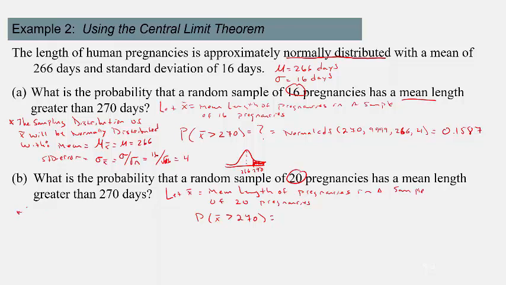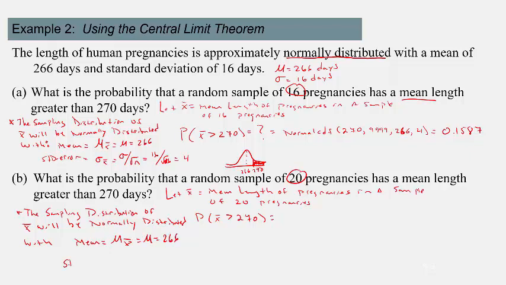Well, again, we know because the original variable is normally distributed that the sampling distribution of x bar will be normally distributed with the mean here, mu sub x bar is equal to the population mean, which is 266, and the standard error is going to change now.